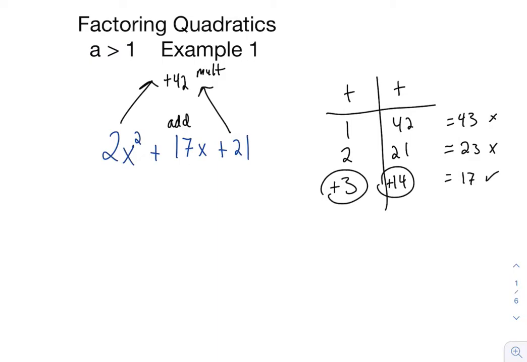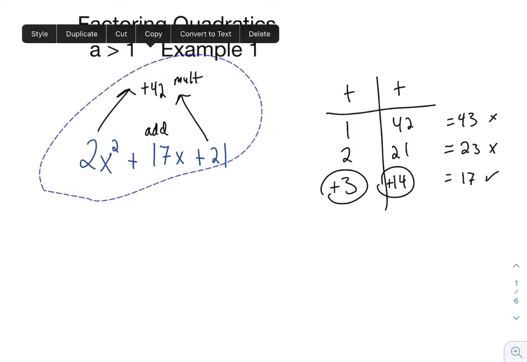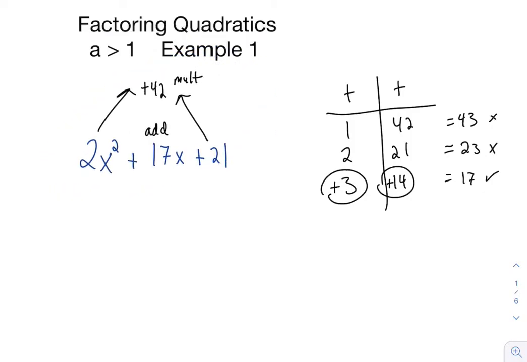Now, this part's going to be a little different. I'm no longer just going to create two binomials, x plus 3, x plus 14. What I have to do now is separate the middle term. So I'm going to separate this middle term of plus 17x, and I'm going to turn it into a plus 3x plus 14x.